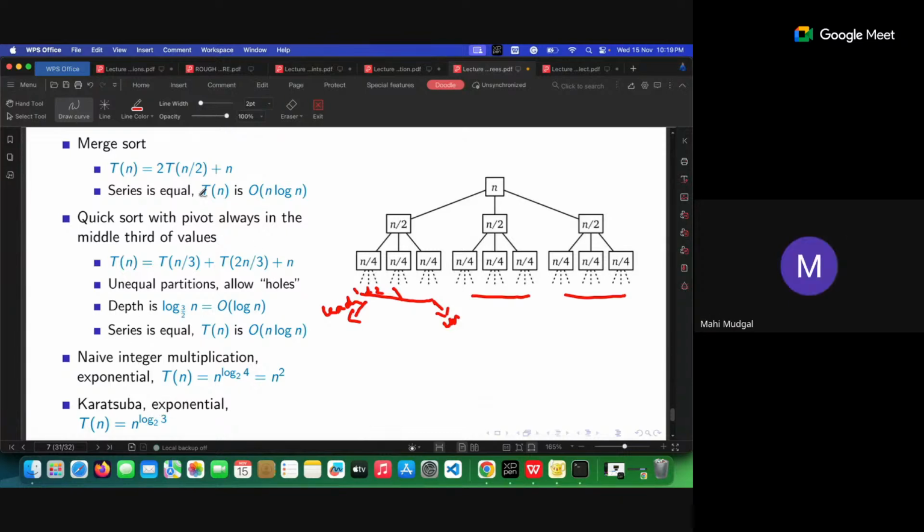Sir, why is it not written as T(n)? Like T(n) is written as T(n/3) plus 2. We are calling the recursion again, but in Karatsuba it is 3 times only, no? Karatsuba exponential is 3 times.